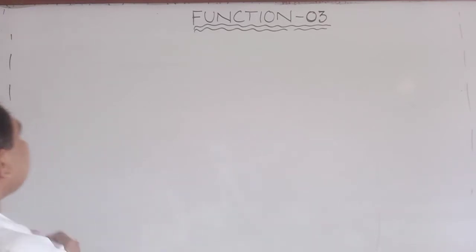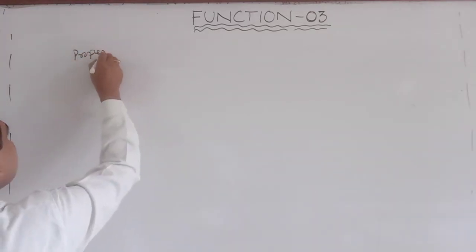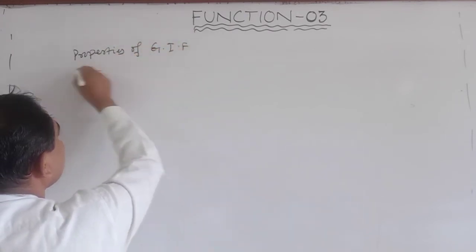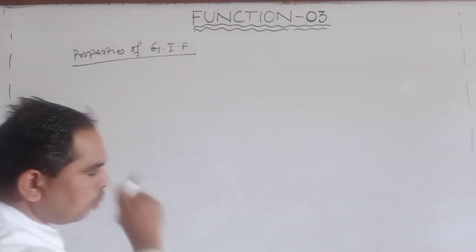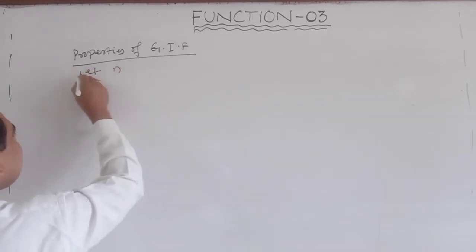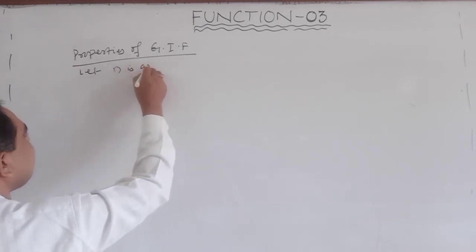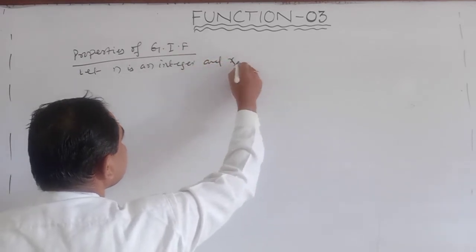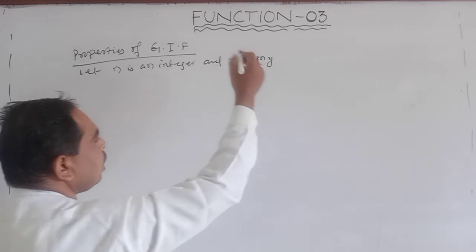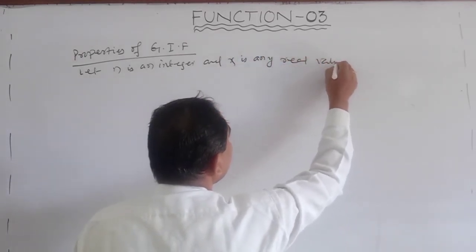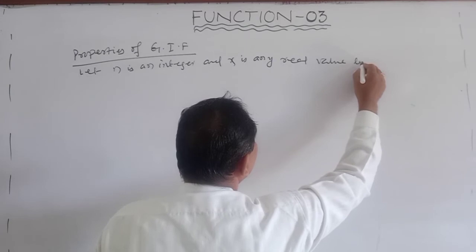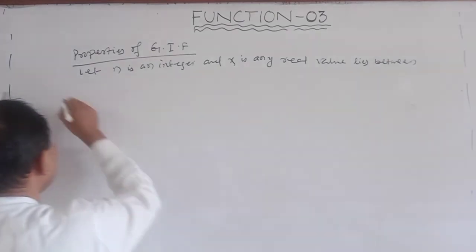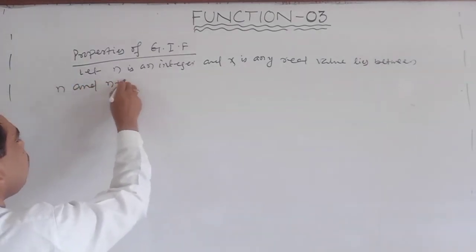Properties of greatest integer function. Let n be an integer and x be any real value that lies between n and n plus 1.